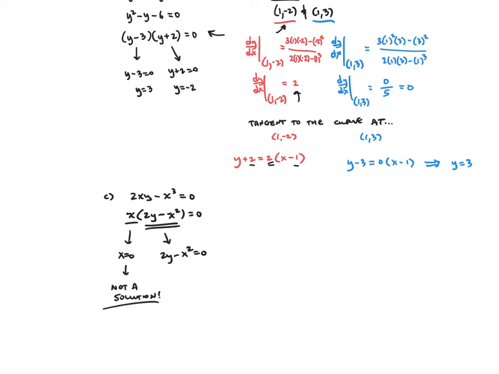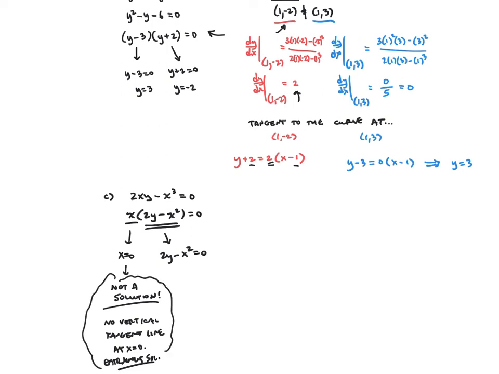So if that's not a solution, then there is no vertical tangent line at x equals 0. This is what's called an extraneous solution. You've seen these, you saw those in pre-calculus. So beware, that's fool's gold right there.